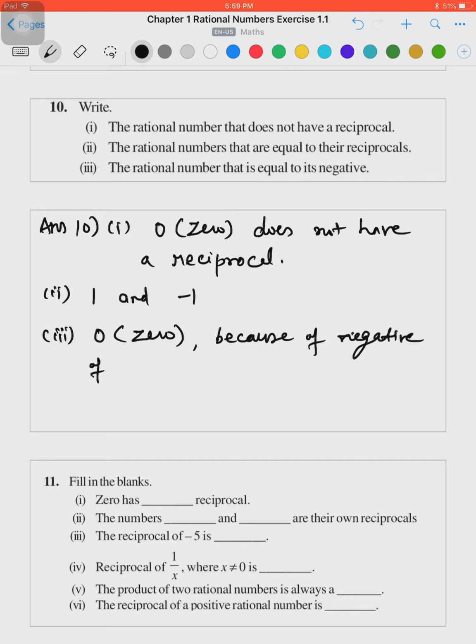We don't have any negative 0. That's why the rational number that is equal to its negative is 0.